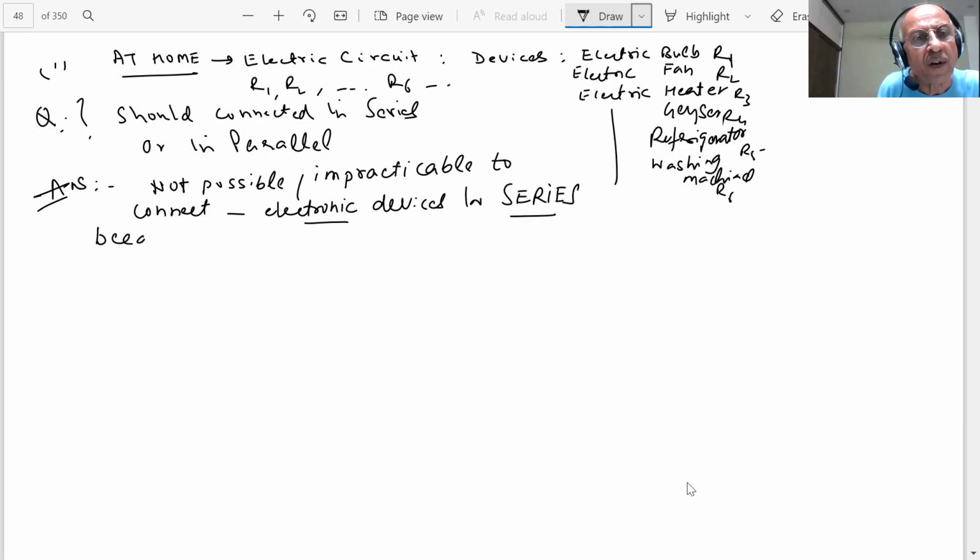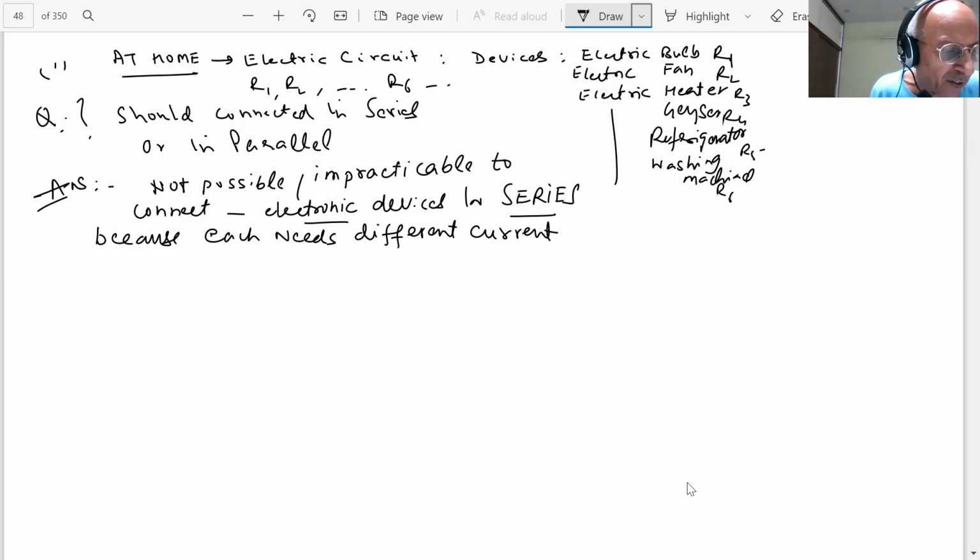Because, students, they need different currents. Each needs a different current value to operate.